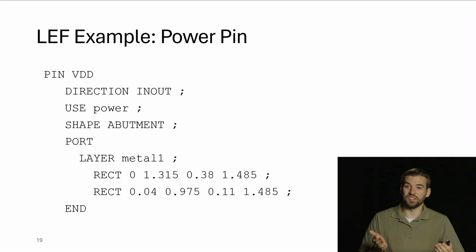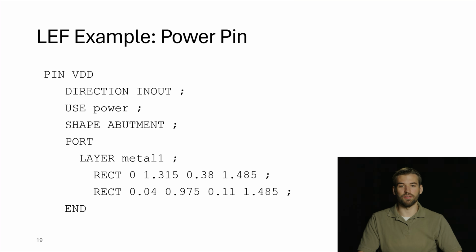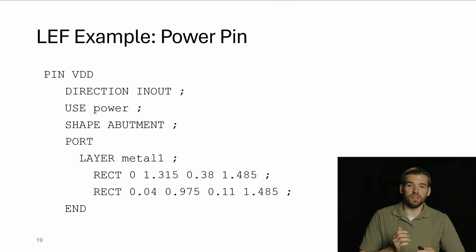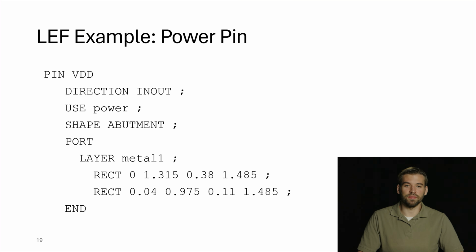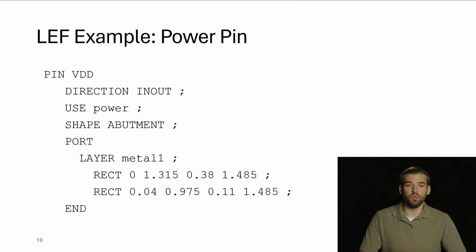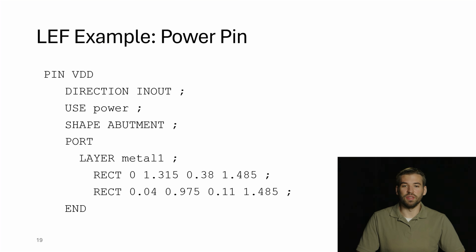And the reason why this is useful is because it can tell your EDA tool that it doesn't need to do the extra effort to route it. So that's a convenient way to let your tool know that. Lastly, there is the master's pin, which is again on metal 1, but this time it's composed of 2 rectangles.